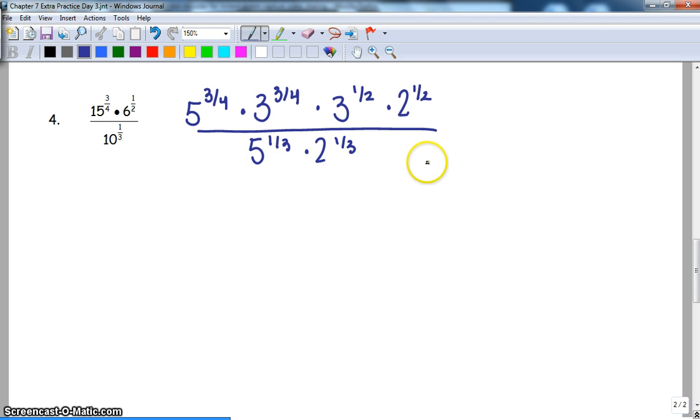And now there's going to be a lot of stuff we can simplify here. For starters, these have the same base and they're being multiplied. So that means we can add the exponents. Just going to rewrite the 2. 3/4 plus 1/2, remember this is a 2/4, it's the same thing, is 5/4.